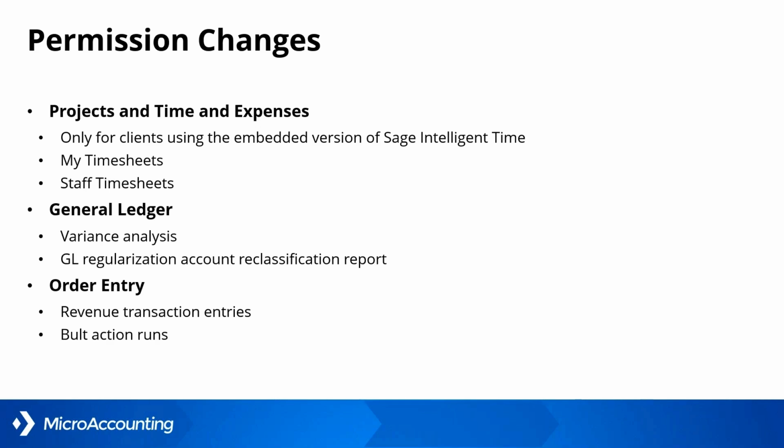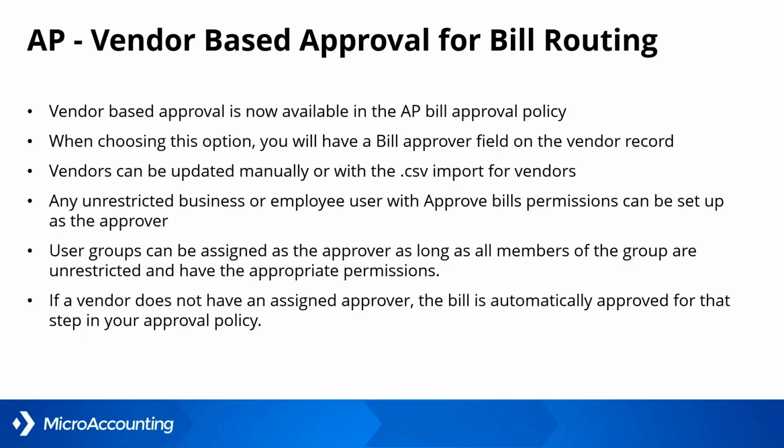Under the general ledger, there are some new reports available and some new functionality with variance analysis and GL regularization, account reclassification. That's a mouthful. And then under order entry, revenue transaction entries and bulk action runs. So a few permission changes that you may want to look at and make sure that your users have all of the permissions that they need.